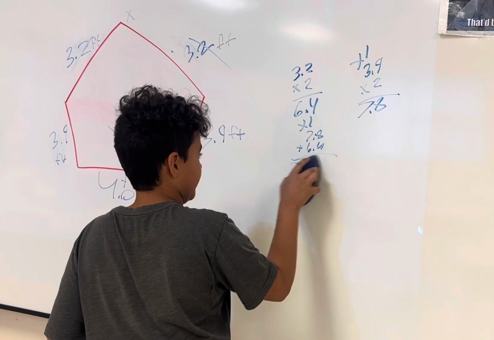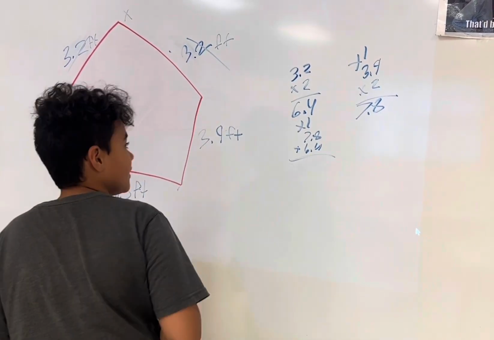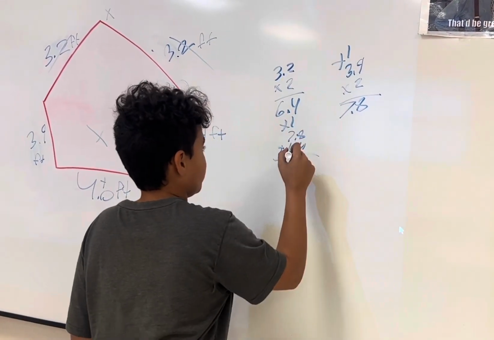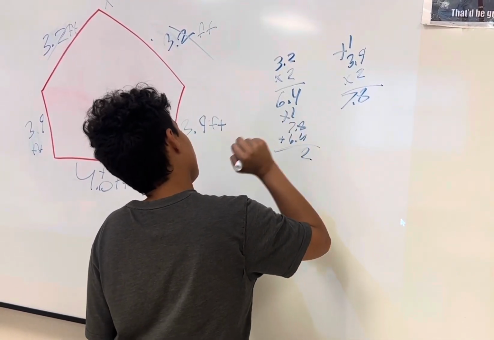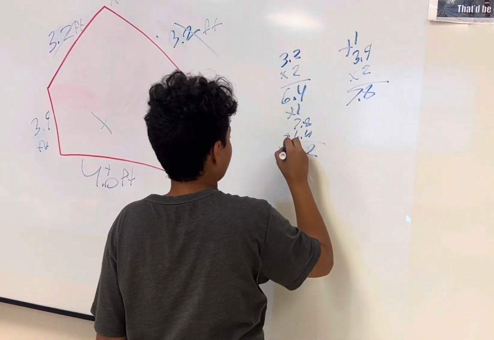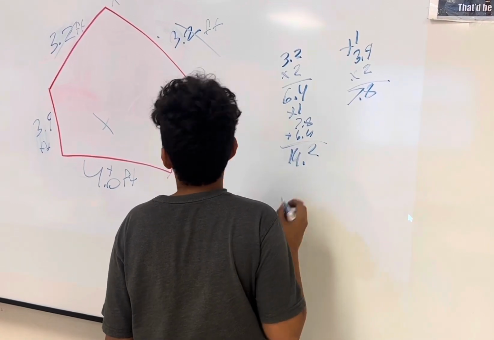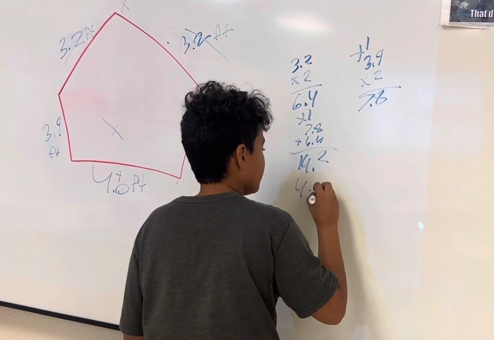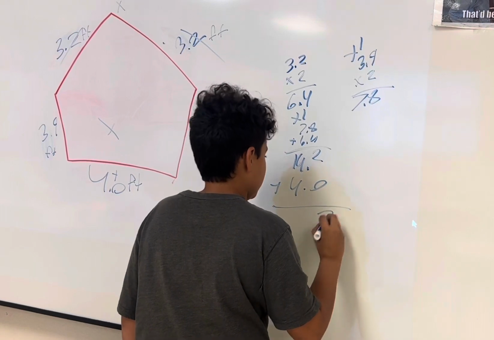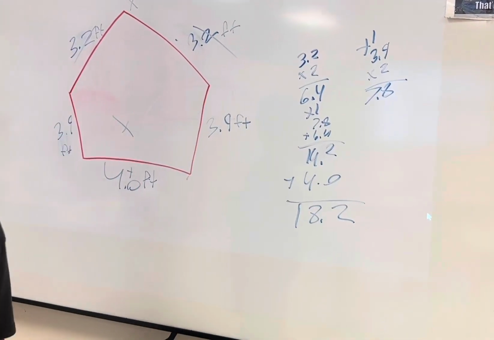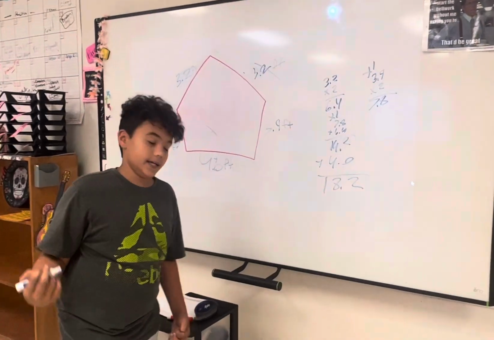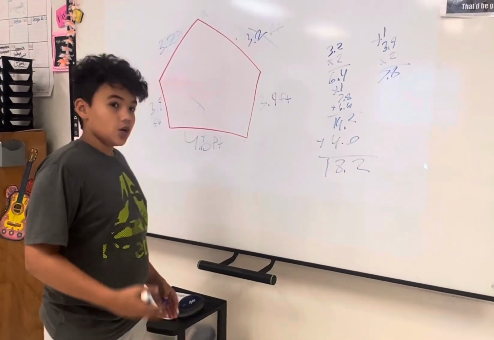Don't do it that way. You're thinking of multiplication. Okay, so that would equal 12 plus 1. That would equal 13 plus 1, 14.2 plus 4, 18.2. And that would be my answer, 18.2, for the example of one of my questions, 32.